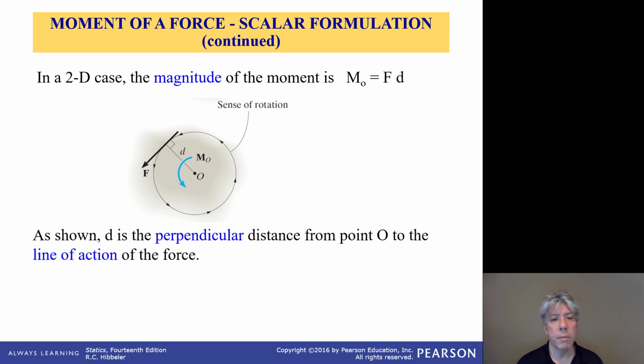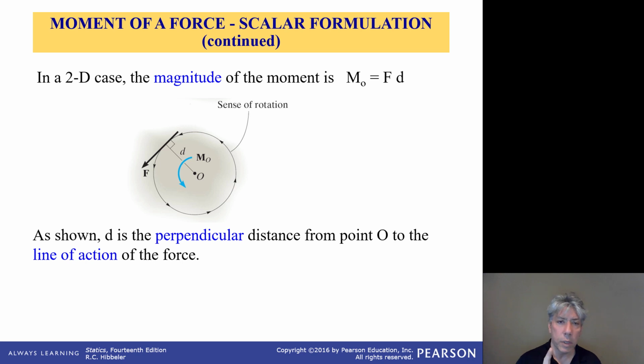Now, one thing that's really important is to think about the sense of rotation. In this particular case, you look at it and you realize that the force is tending to cause rotation in a counterclockwise sense. If the force were pointed in the opposite direction, or if the force was in the same direction but on the opposite side of the pivot point, obviously the force would be causing a moment in the clockwise direction, opposite to what you see.